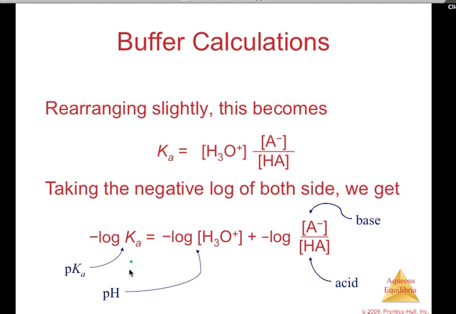The negative log of Ka is the same thing as pKa. The negative log of the hydronium concentration is the pH. Then the negative log of the anion, which is the conjugate base, over the concentration of the HA, which is the acid. We get this equation.